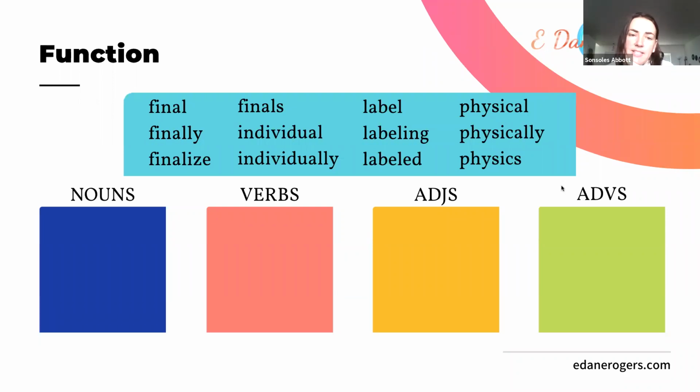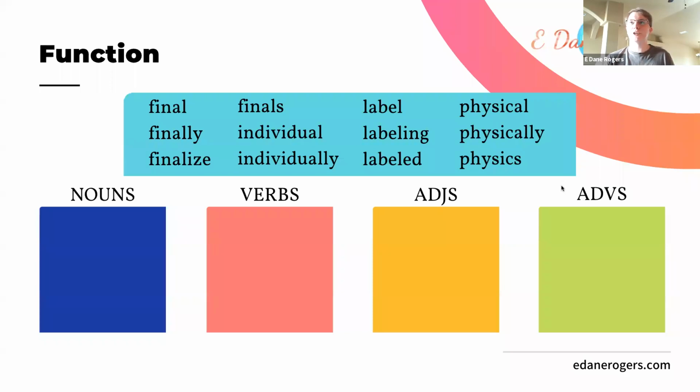How about labeling? So it's a form of a verb, like I'm labeling, a gerundio. Yeah, I will say a verb. Yeah, it comes from a verb.